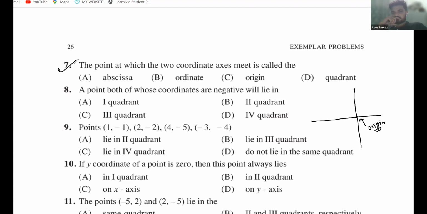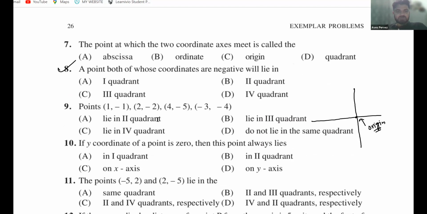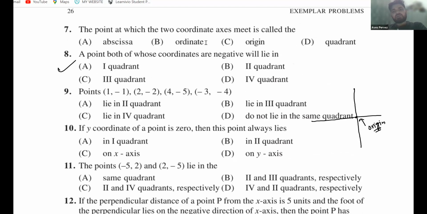The point, next question, question number 9.